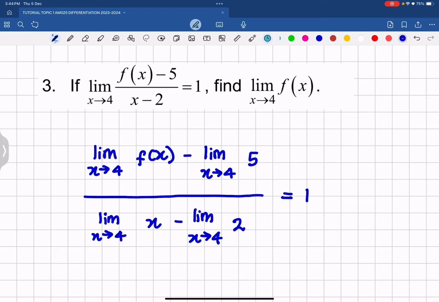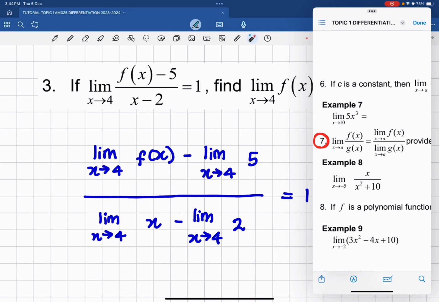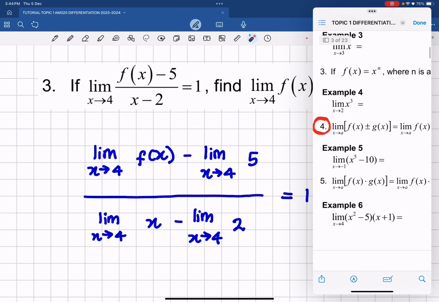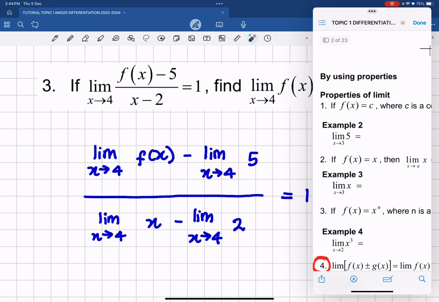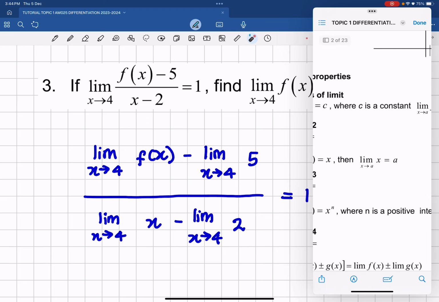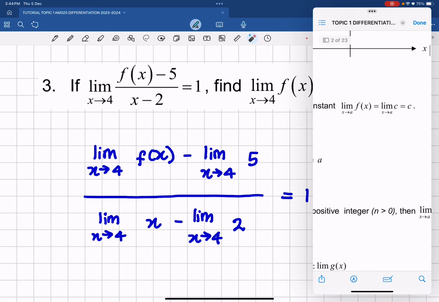Now, if you look at this one, you may refer to property number 1. If you have f(x) equals c, where c is a constant, then the limit of f(x) as x approaches a is the limit of c as x approaches a, which is c.